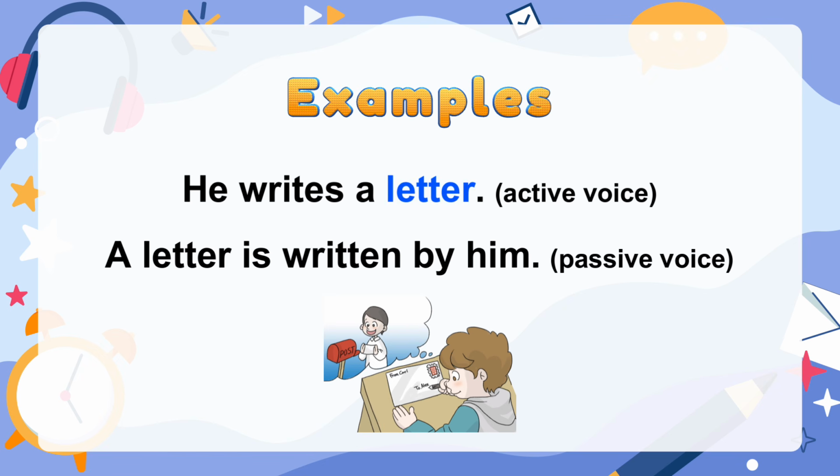You can see the object letter in active voice becomes the subject in passive voice. The verb writes is changed to written, and the be verb is in front of it. The subject he is the object after the word by.